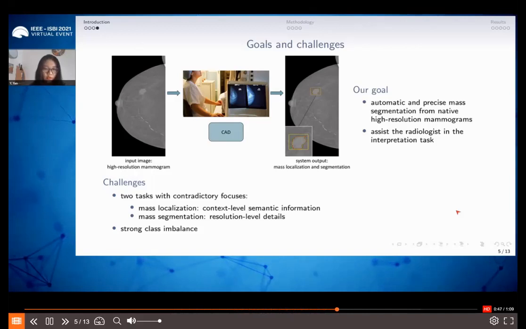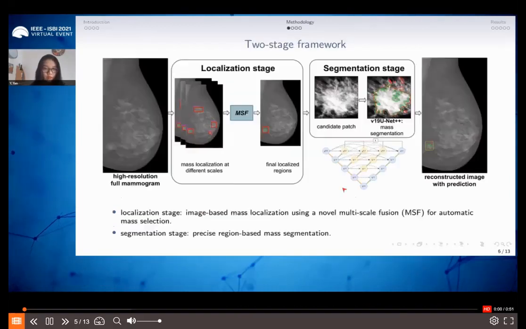Addressing both challenges using a single deep network is not an optimal choice due to the limitation of computational ability and the receptive fields that increase with network depth. And another challenge is the strong imbalance between mass regions and the background areas.